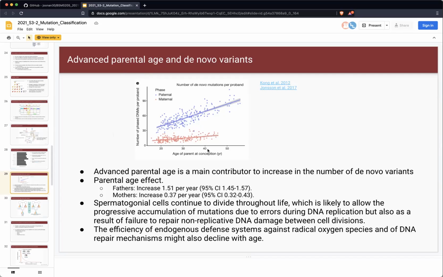This is the data set from Iceland, the deCODE project, and they look at different parents and different families, and at when they have their babies, right?